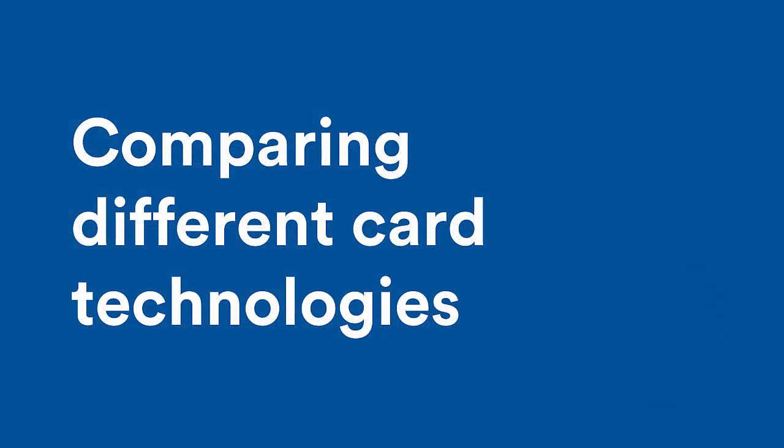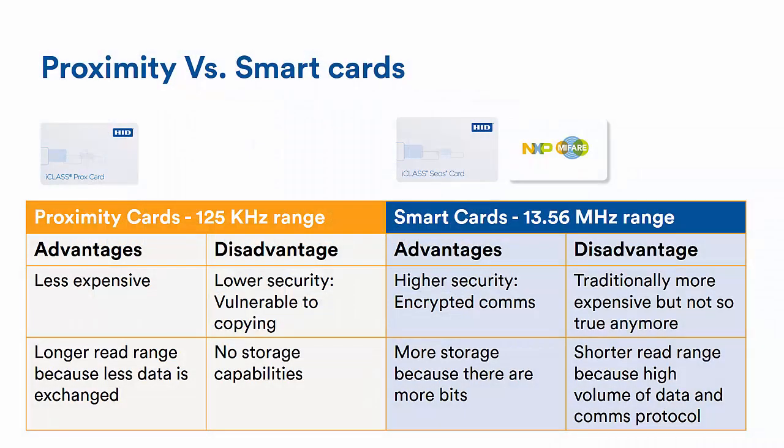So in this section, we're comparing different card technologies and even looking at the card structure. Let's first start off by comparing 125 kilohertz proximity cards to 13.56 megahertz smart cards. Traditionally, prox cards are said to be less expensive, although this is not so true in many regions anymore.